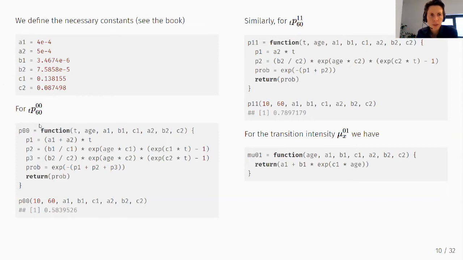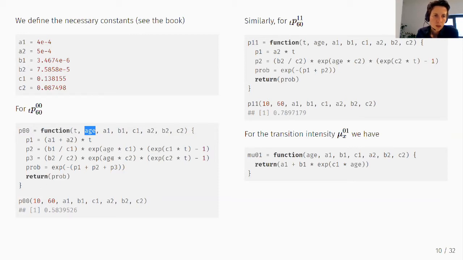What did I do next? I wrote a function to specify the sojourn probability, the probability to stay in the healthy state. And you see I give a couple of arguments here. So I give my t, the number of years I want to stay in the healthy state, the age that I consider. So here that would be a 60-year-old. And then I pass along these constants to be used.